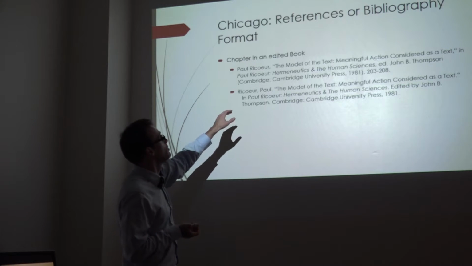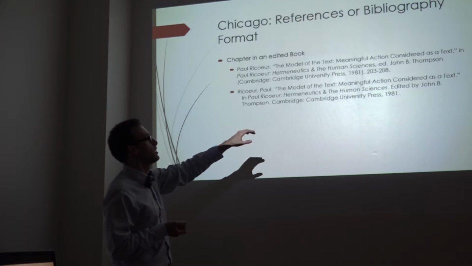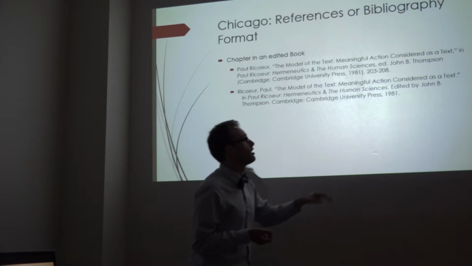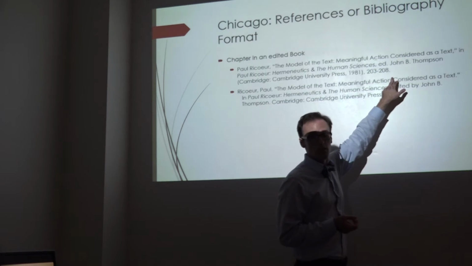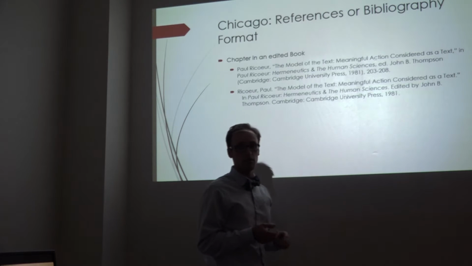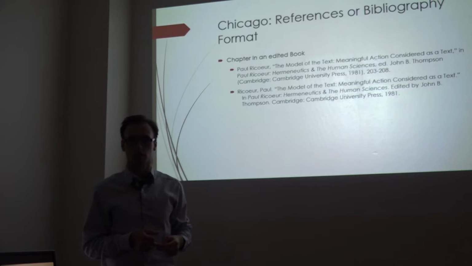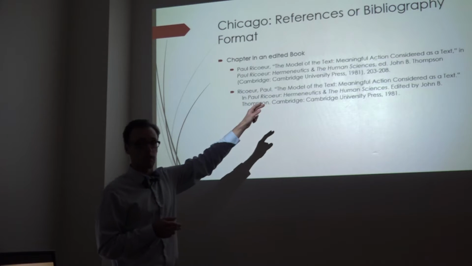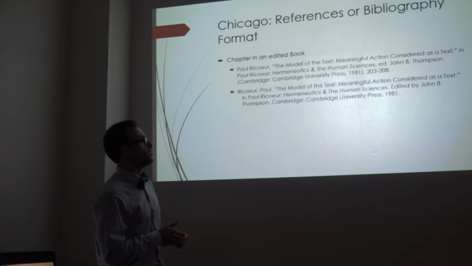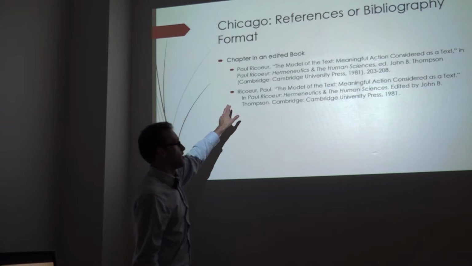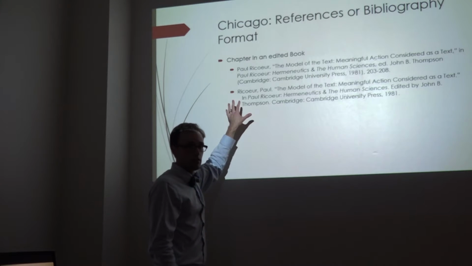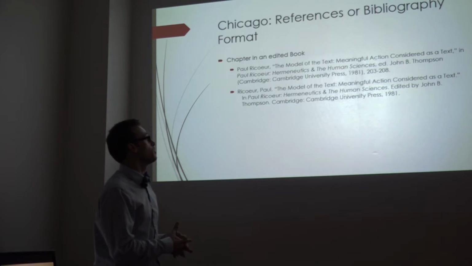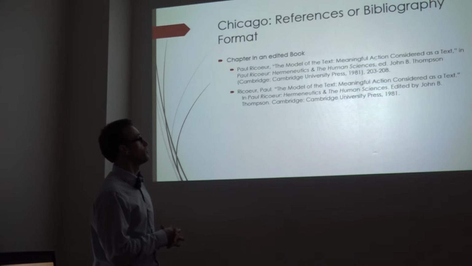So again, Cambridge University Press, 1981, and then at the end, page numbers, from the information that you're citing. So the only difference is that you add this little bit of the chapter title and the editor's name. And then the bibliography. In the bibliography you would put Ricoeur, Paul, last name, first name.